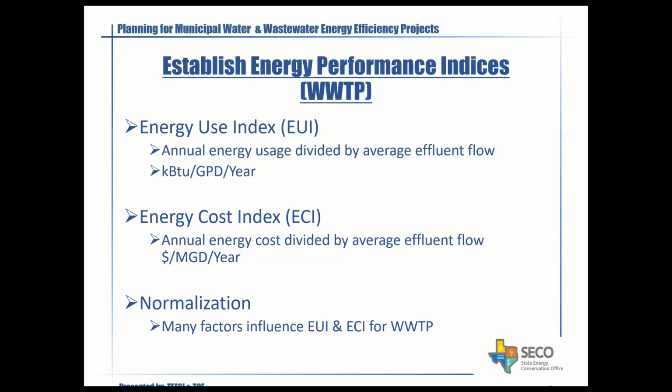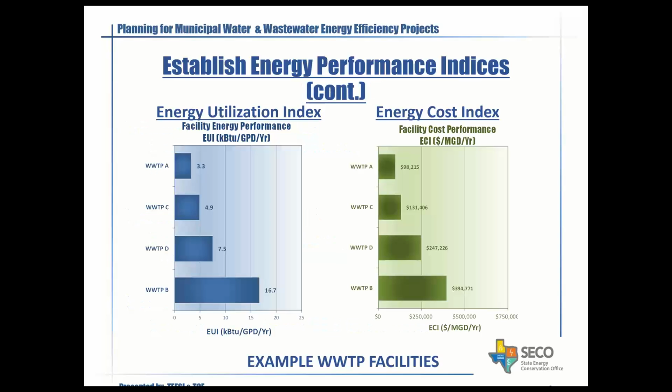So if you're comparing one water wastewater treatment plant to another one, then we need to look into some more factors to normalize this. But in most cases, you can have a raw energy use index and energy cost index developed, and then going forward, you could track your performance based on these indices, just for your facilities.